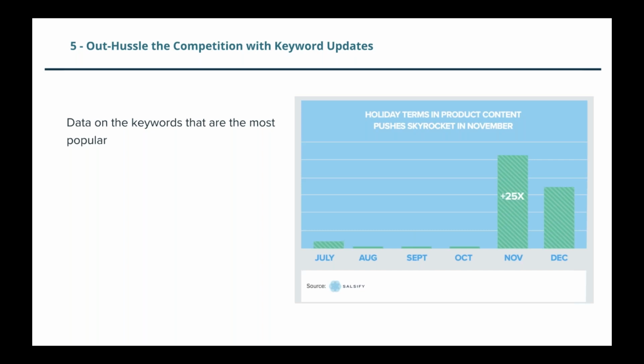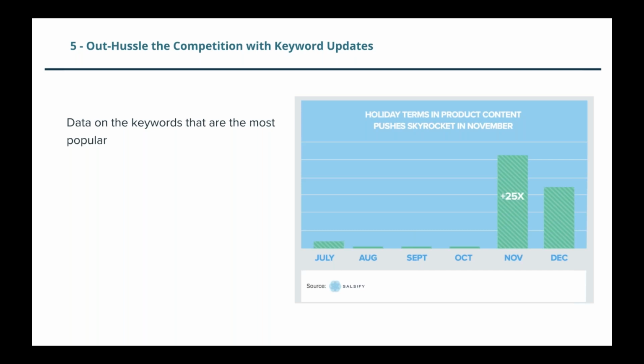This is something I mentioned earlier as well. You want to out-hustle the competition when it comes to updating your content. Again, this graph shows by month when product content refreshes are happening. And we see that there's a 25x lift in November over October in terms of the number of product content updates that are going through the system.